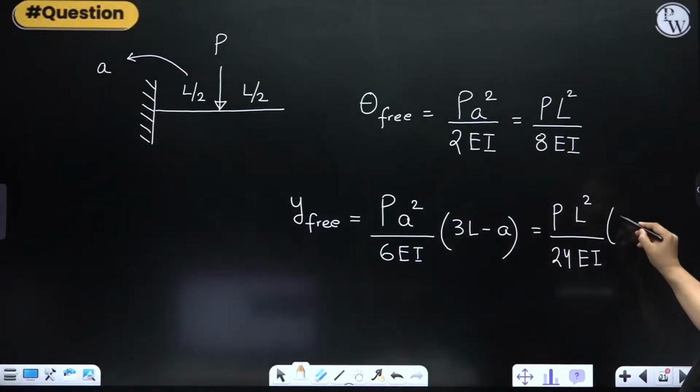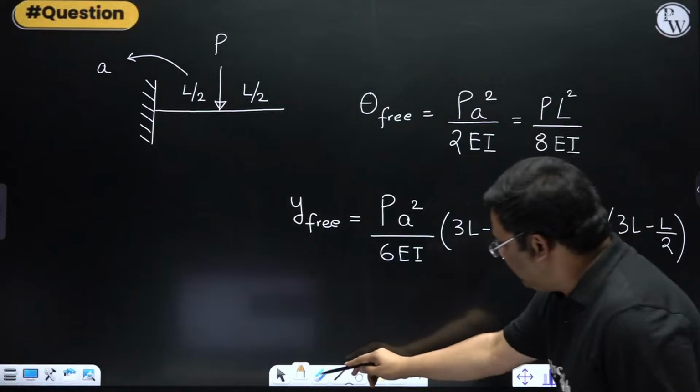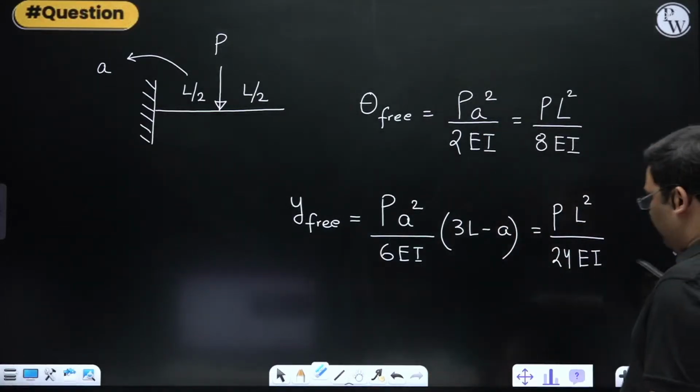And then 3L minus L by 2, which is 5L by 2.